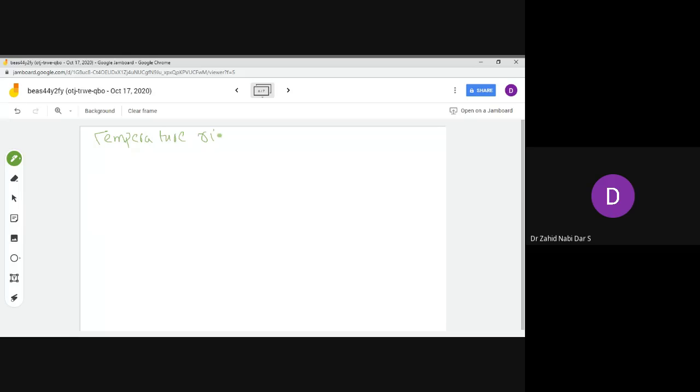If we have to go about the temperature rise, it will depend upon the total loss, that is Pi plus Pc, the loss in the iron and in the copper, divided by the specific heat dissipation times the surface area. So this is the temperature rise.